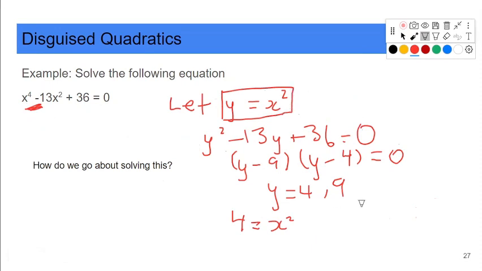And we also have 9 is equal to x squared. So then we have x equals plus or minus 2, x equals plus minus 3.